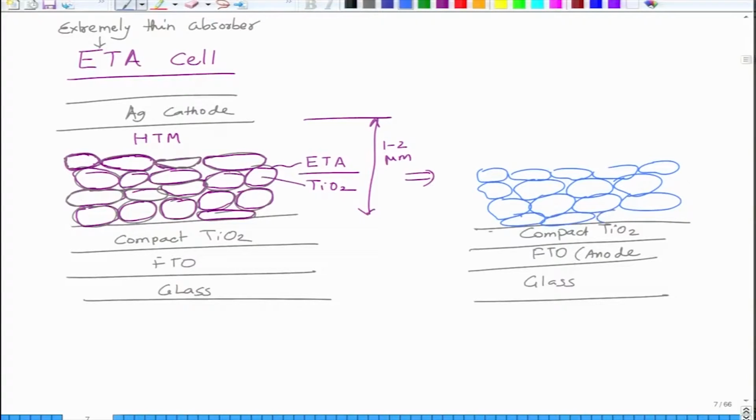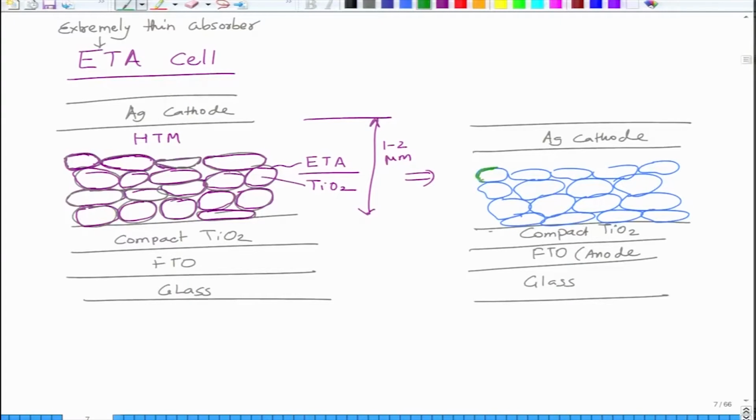Okay, and then on top we had HTM, and then again we had, you can say, a silver cathode. So, this was what we had here.